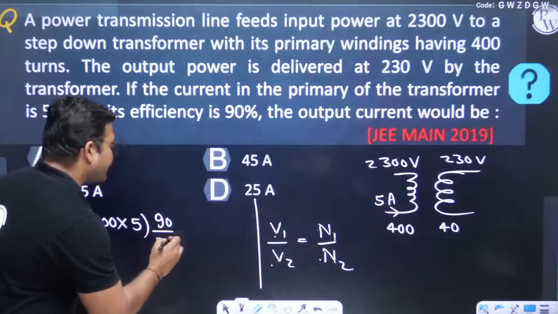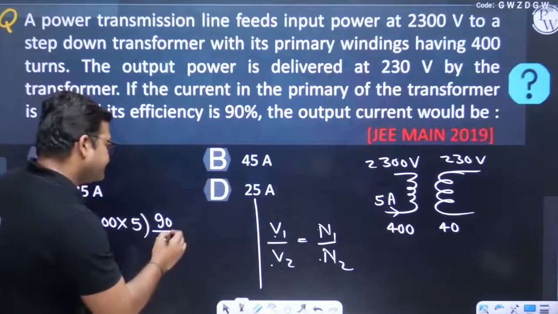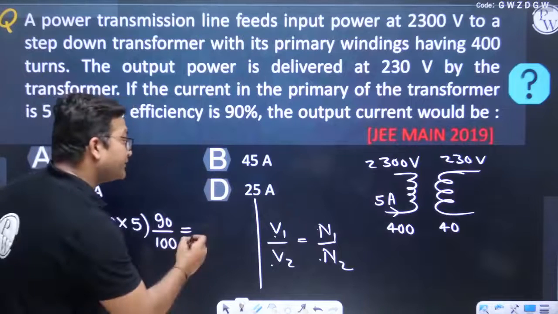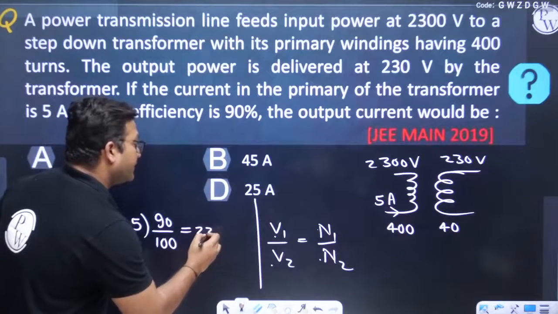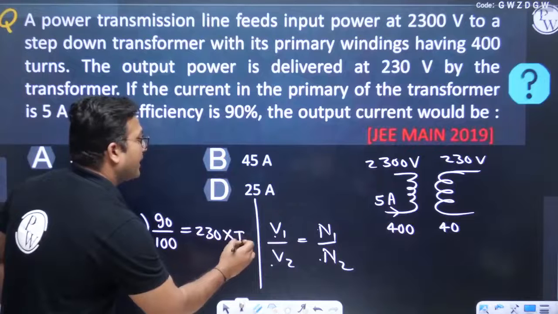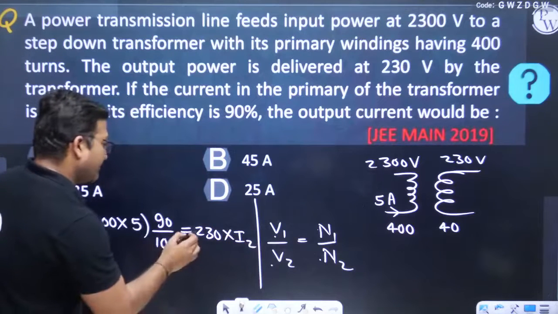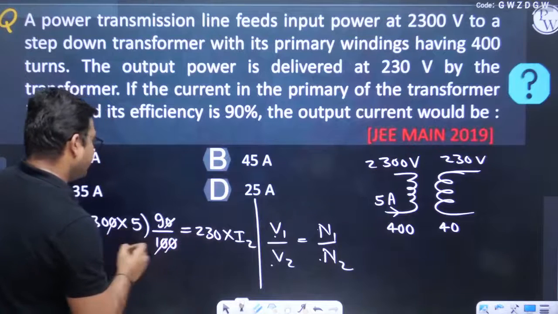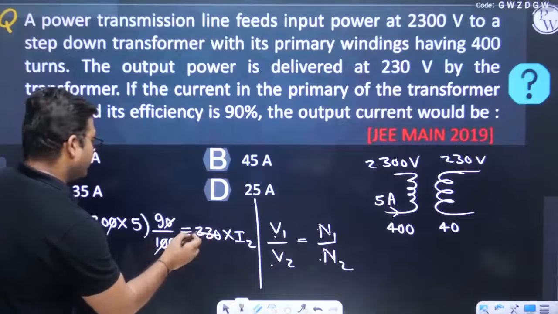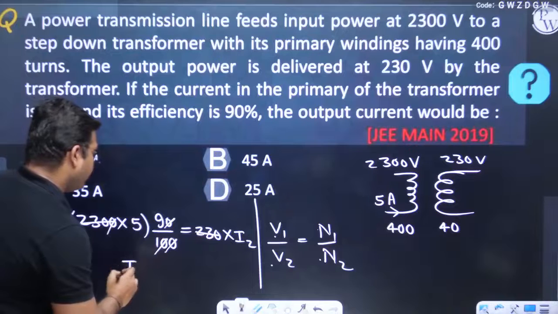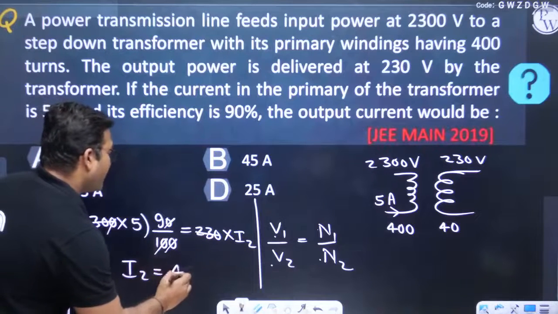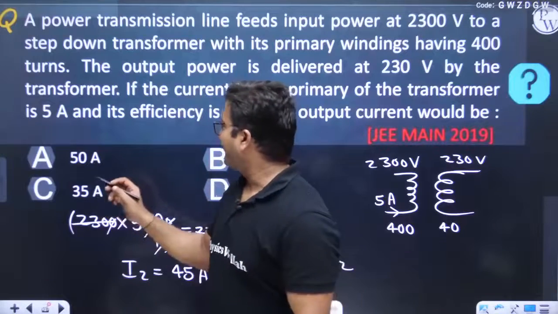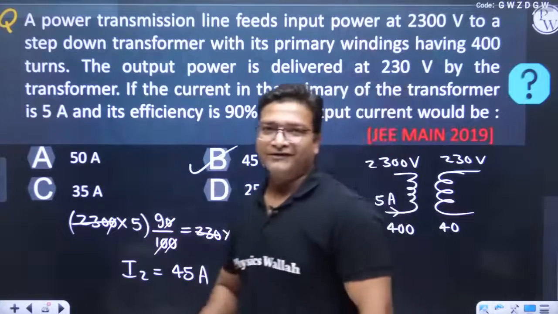Only this power is available on the secondary side, so this should be equal to the secondary side power. The secondary side power should be 230 multiplied by I2. Let's cancel 230 by 230. We have I2 as 45 ampere, and that is your answer. So the correct answer is B, 45 ampere.